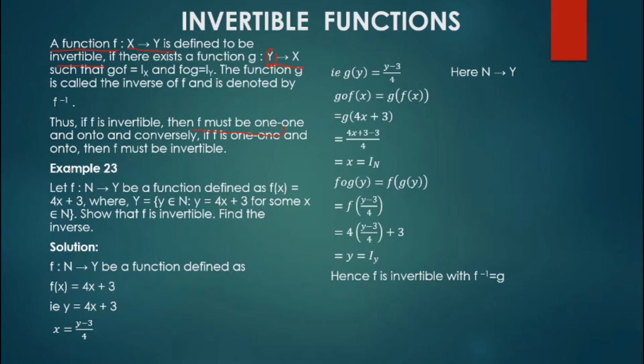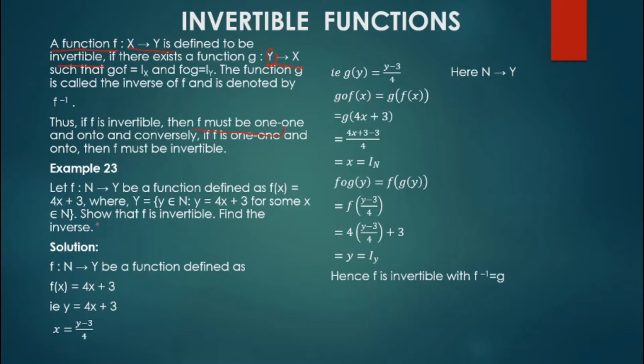When you go through the example, you'll understand how to solve, like when you're asked to find the inverse of f, what you're supposed to do. Let f, it's example 23 from your textbook. Let f: N to Y, natural numbers to set Y, be a function defined as f of x equal to 4x plus 3, where Y belongs to N such that y equal to 4x plus 3 for some x belongs to N. Show that f is invertible, find the inverse.